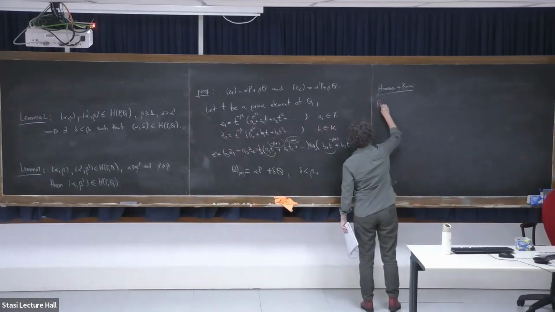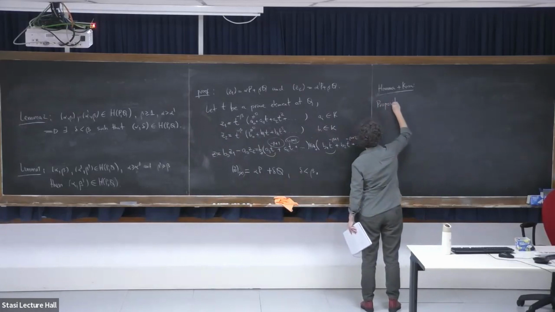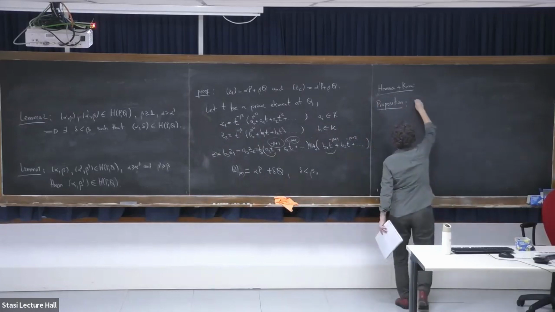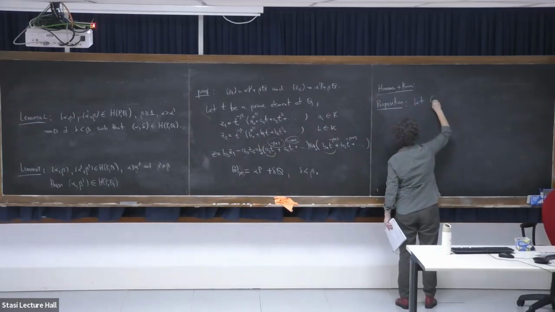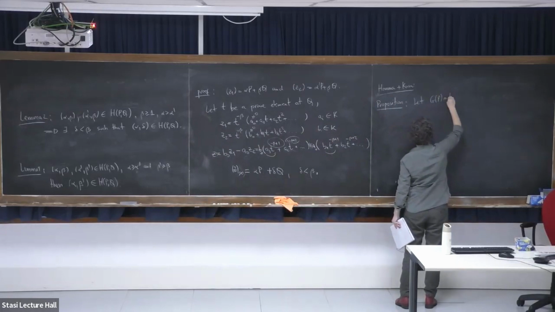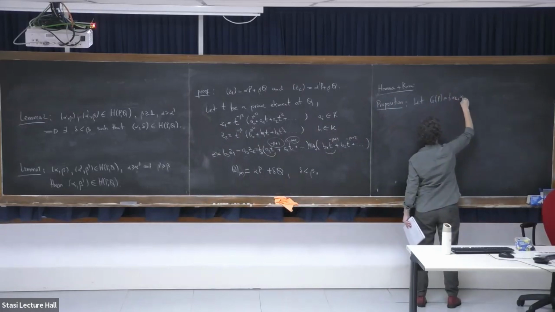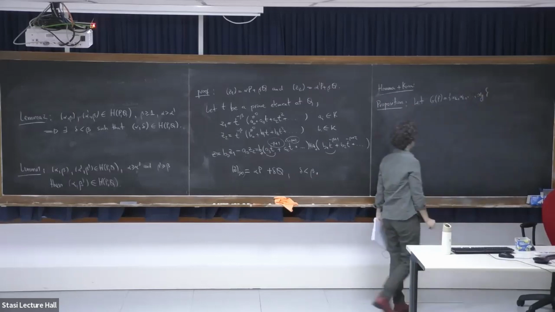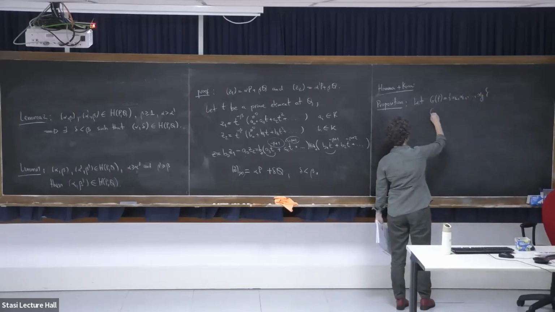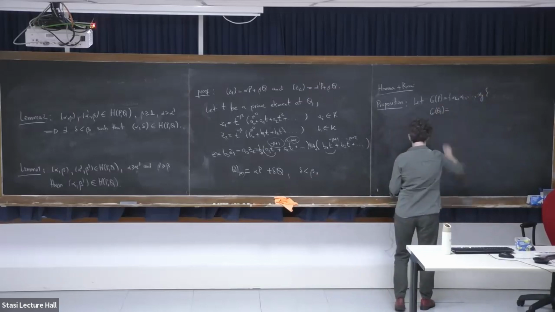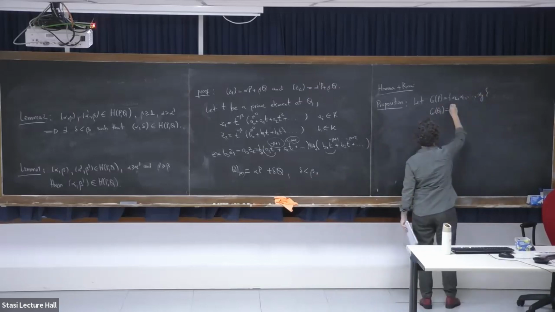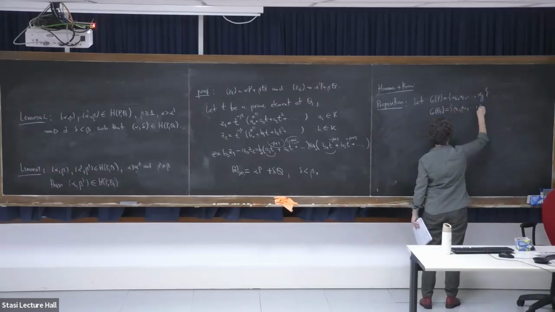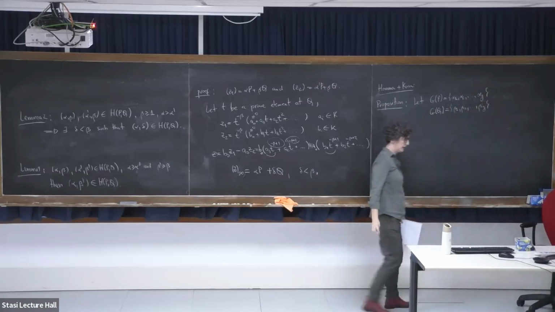So the proposition is, now we are going to relate the gaps at P. Suppose the gaps are alpha 1, alpha 2, and we know we have g gaps. Suppose the gaps at the point Q are beta 1, beta 2, up to beta g.